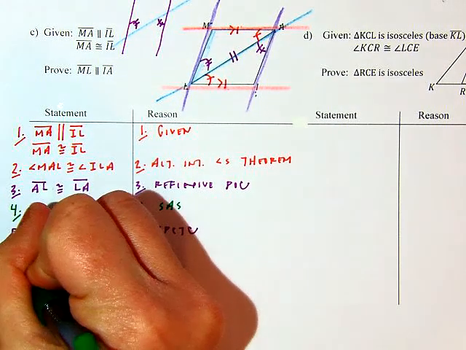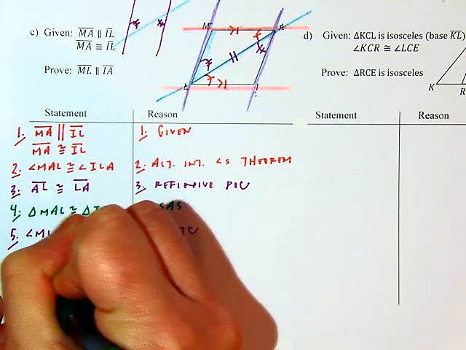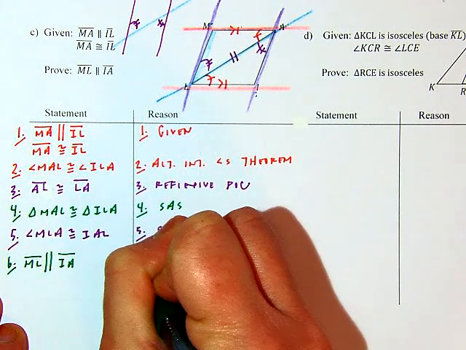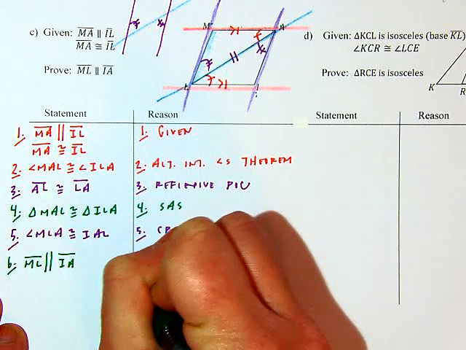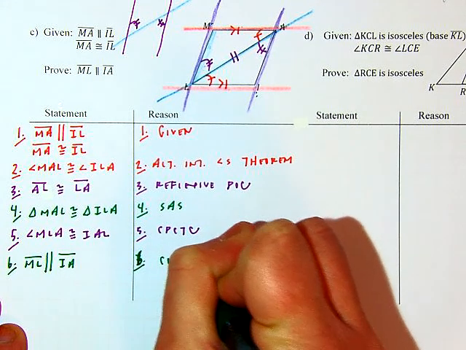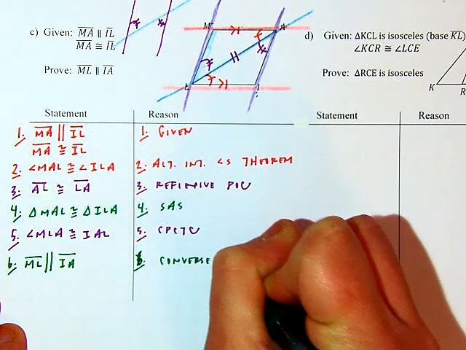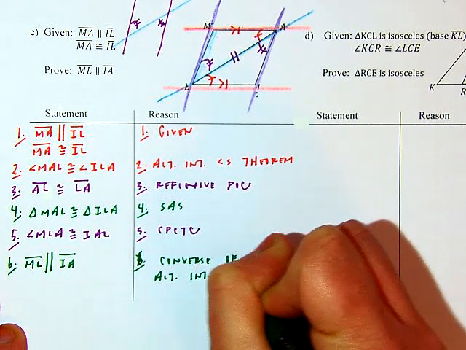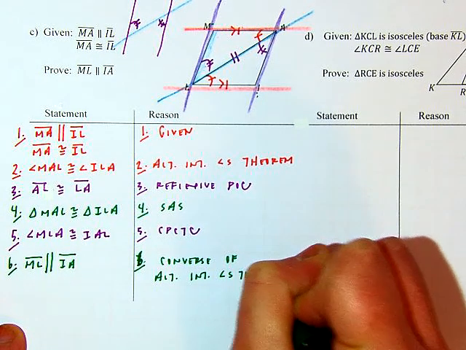So I can get to my conclusion right here and say that ML runs parallel to IA. My reason, step 6, would be the converse of the alternate interior angles theorem.